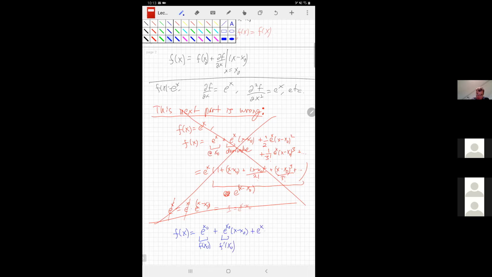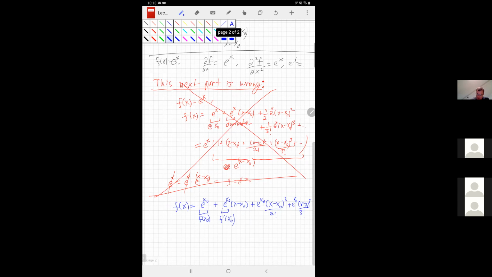Plus e to the x naught times x minus x naught squared over 2 factorial, plus e to the x naught times x minus x naught cubed over 3 factorial, etc. That would be the correct way to do it.